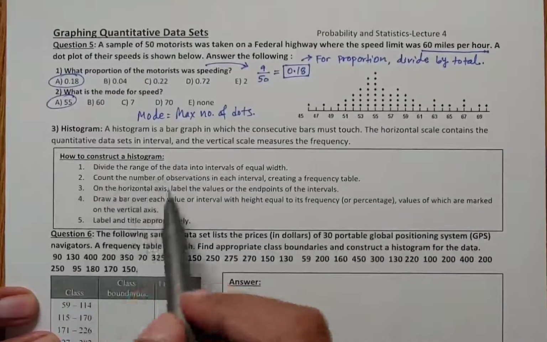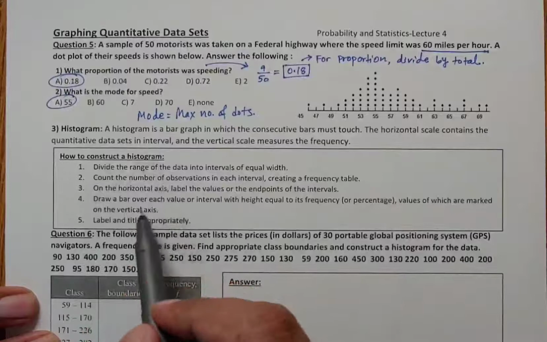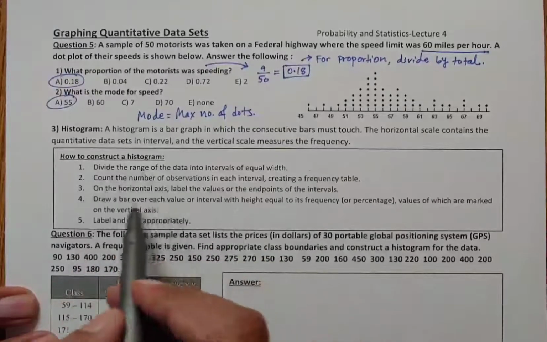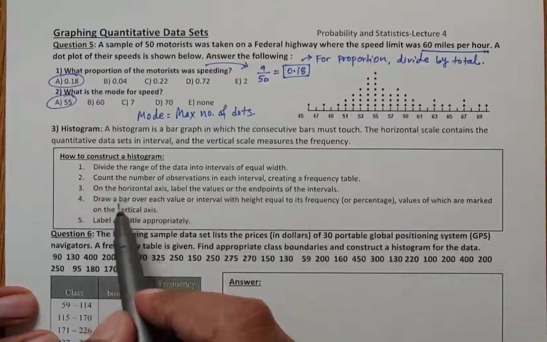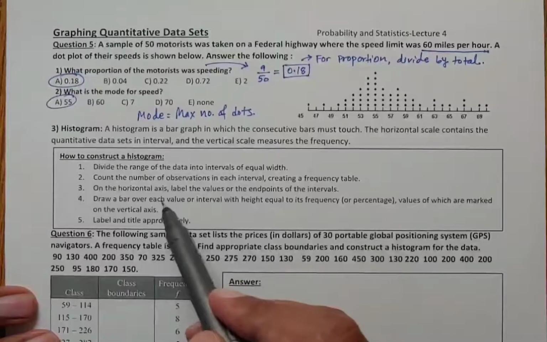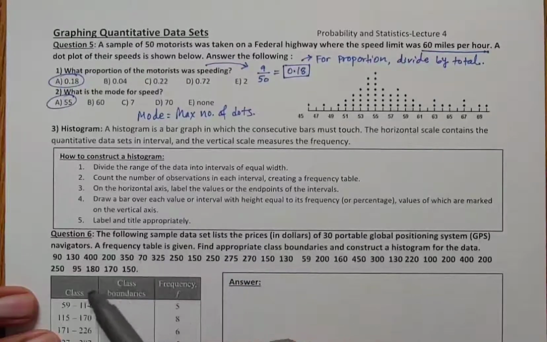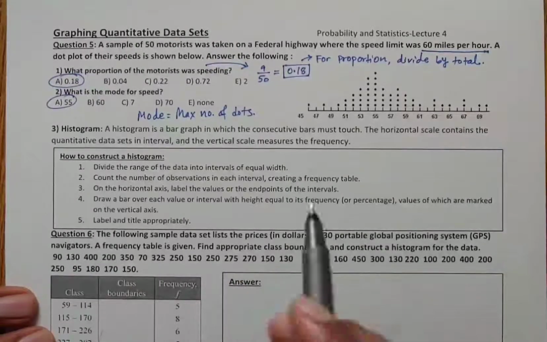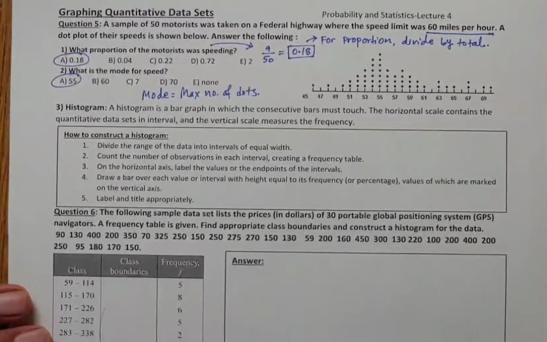Okay, there are some steps to construct the histogram, but you can read these steps. I'm going to do this question, and then you can look at these steps on your own. So I follow these steps and do this question.